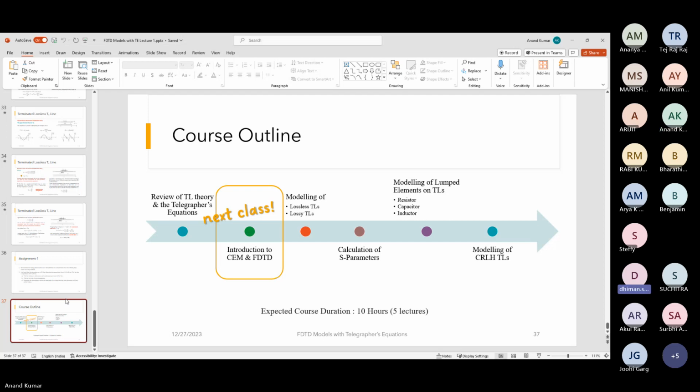But in this model, if we zoom out, we'll see multiple RLGCs stacked one after another. When we analyze the single RLGC and arrive at a differential equation, we are only considering the self R, self L, self G and C. We are not considering the mutual inductances and mutual capacitances.